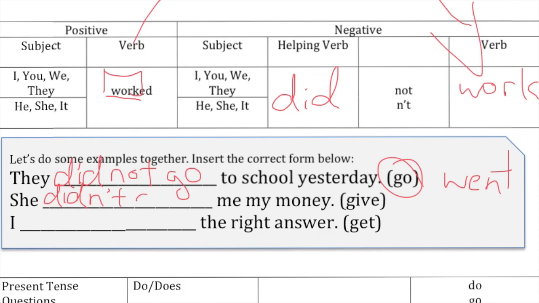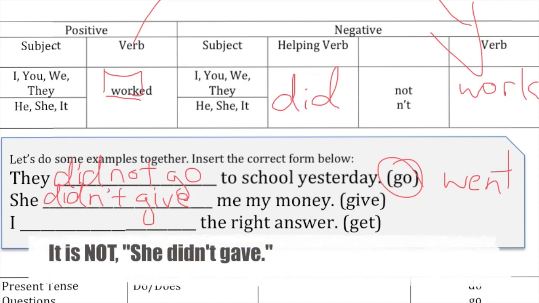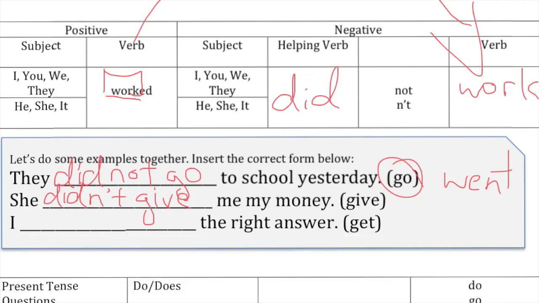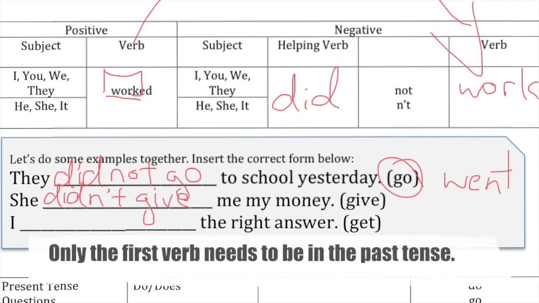Give. So you don't want she didn't gave. It is not she didn't gave. It is she didn't give me my money. I take the present tense and I put it there. You only need to make the first word in the past tense. So they did not go, they didn't go, she did not give, she didn't give.